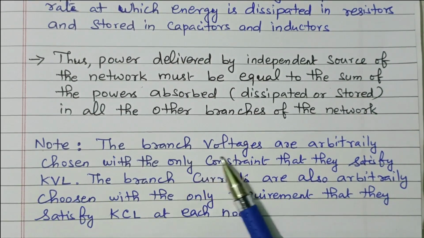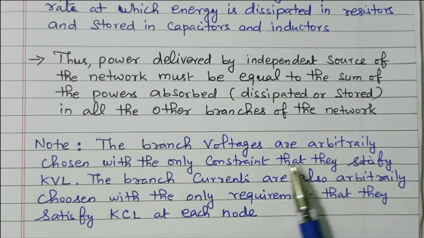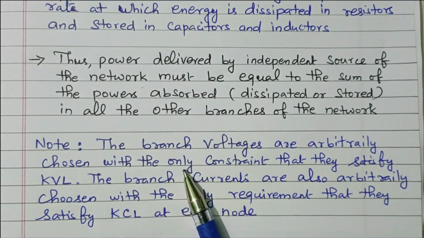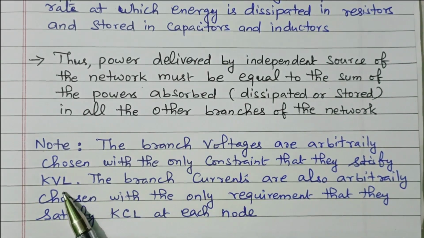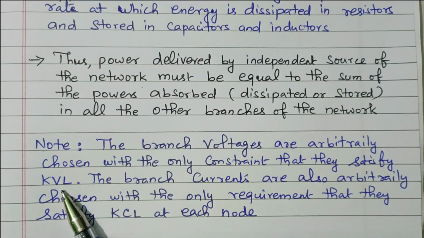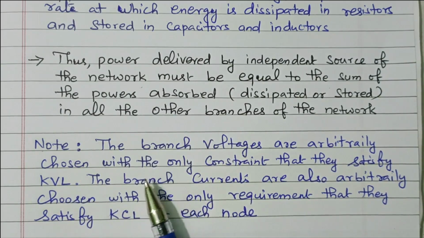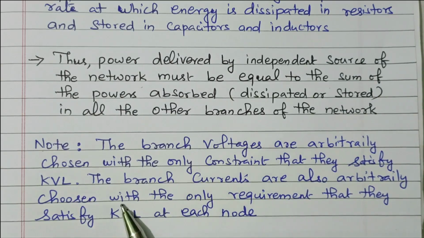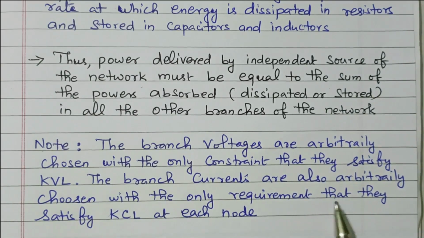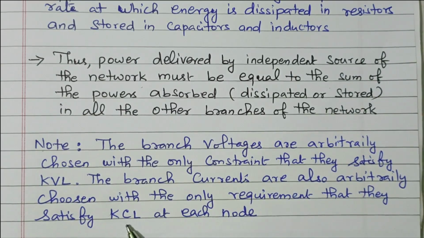The branch voltages are arbitrarily chosen with the only constraint that they satisfy KVL, Kirchhoff's voltage law. So the net power in all the branches is 0, given that the branches satisfy KVL. The branch currents are also arbitrarily chosen with the only requirement that they satisfy KCL, Kirchhoff's current law, at each node.